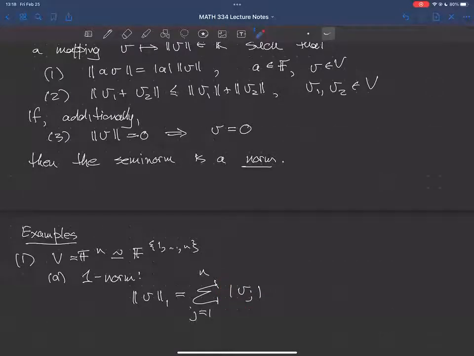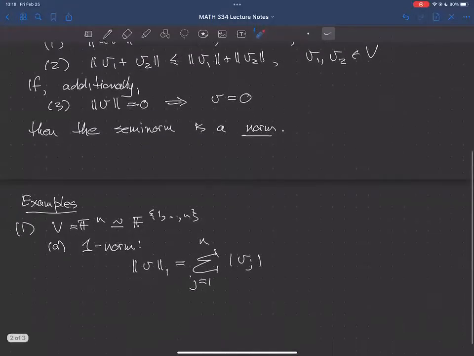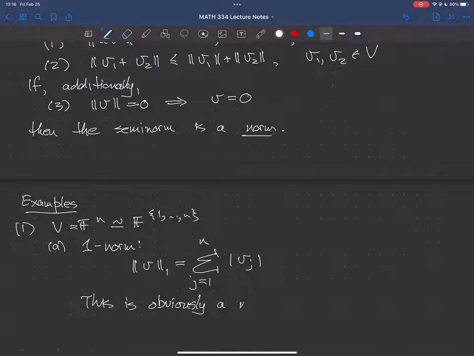And it's also a norm because a sum of non-negative numbers is 0 if and only if each of the numbers is 0 itself. Okay, and so this is the upshot of that whole discussion, is that this is obviously a norm. Okay.